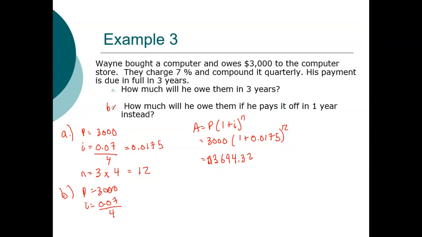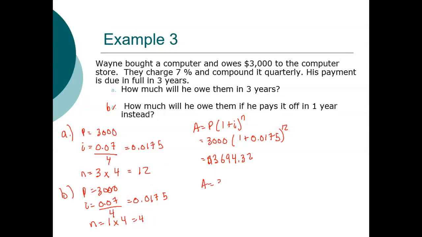So in 1 year, it's still compounded 4 times, so my I stays at 0.0175. My N, though, is the number of compounding periods. Now we're only going to pay it off in 1 year, and it's still compounded quarterly, so my N in this case is just 4. Up here we had 3 years, so my N changed from 12 to 4.